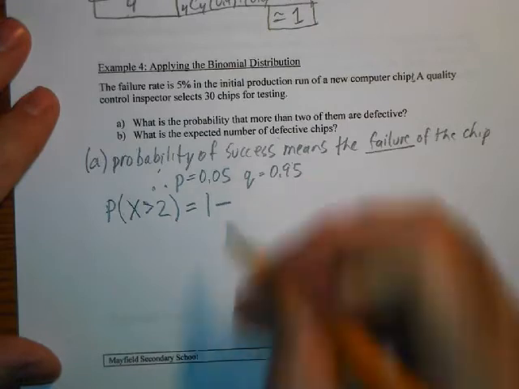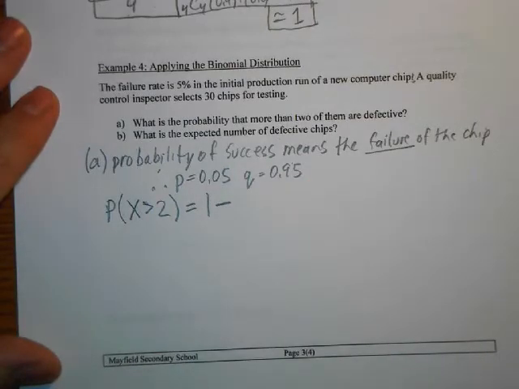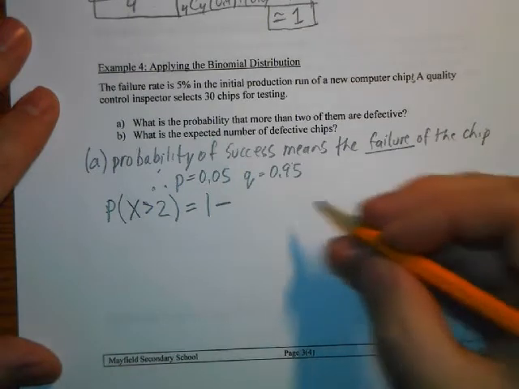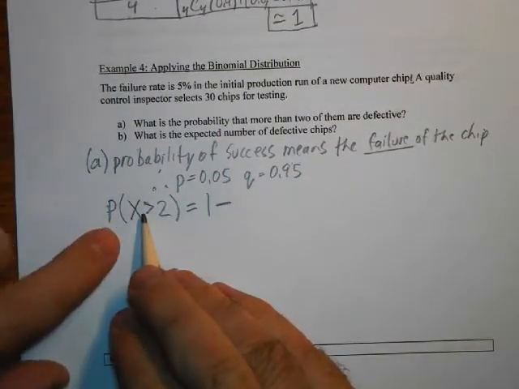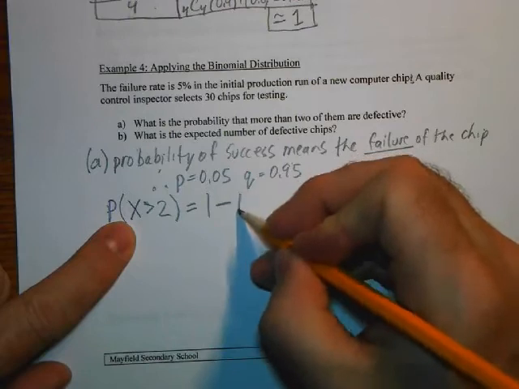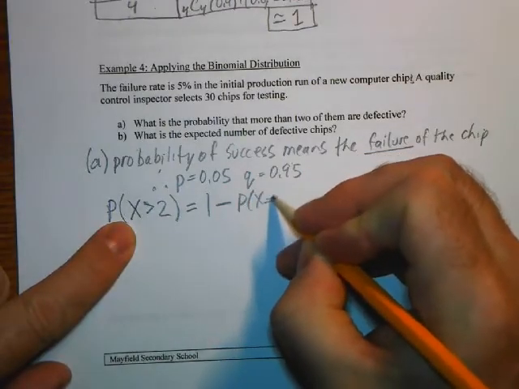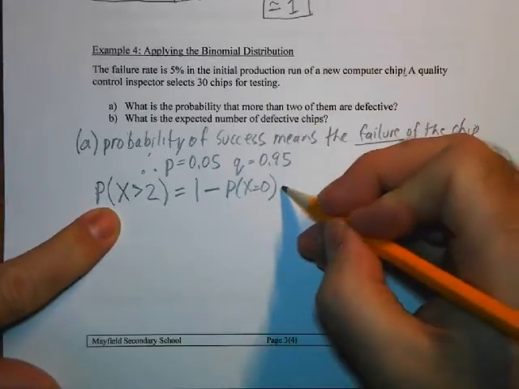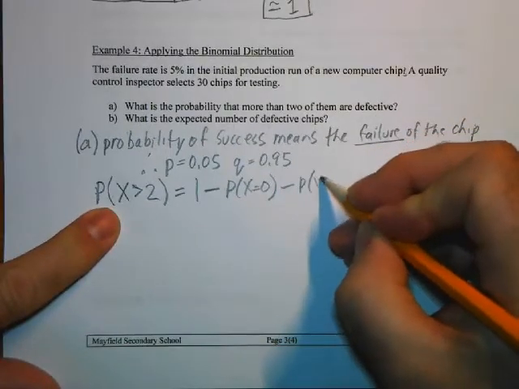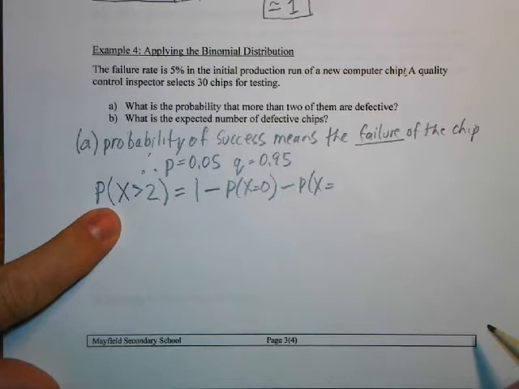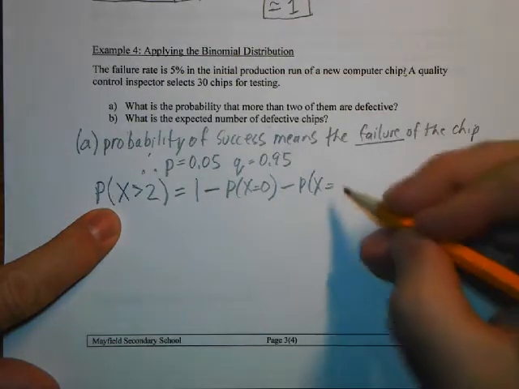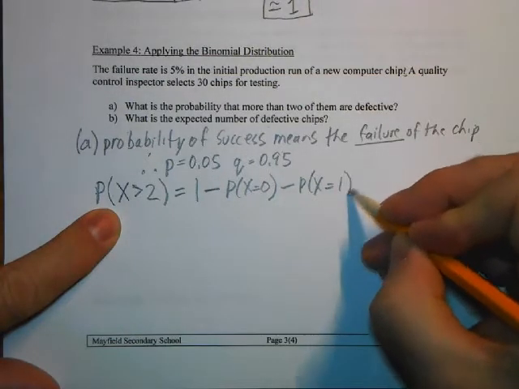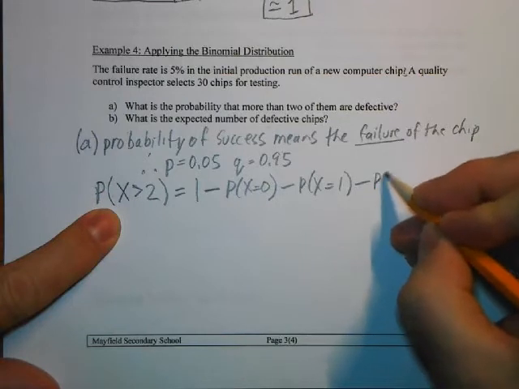So it's much easier to do this way. It would take you several pages to do it the long way. So I'm going to subtract the probability that x is equal to 0 to start with. Okay, and then I'm also going to subtract the probability that x equals 1 and subtract probability x equals 2.